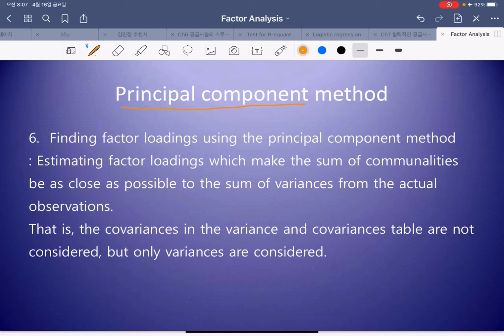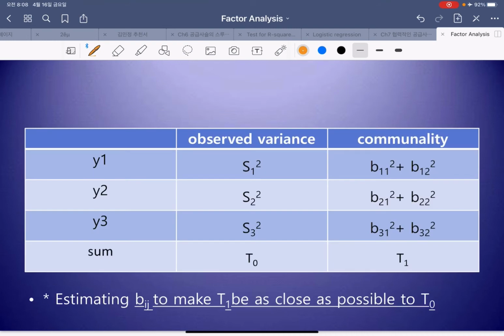In case of a principal component, we only look at the variances, not the covariances. So in principal component method, we only consider the variances, right?